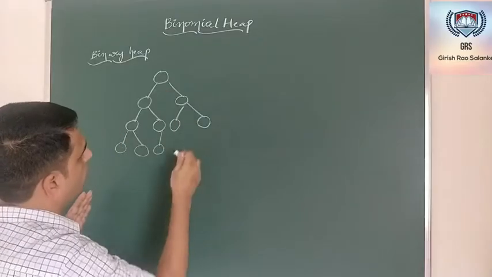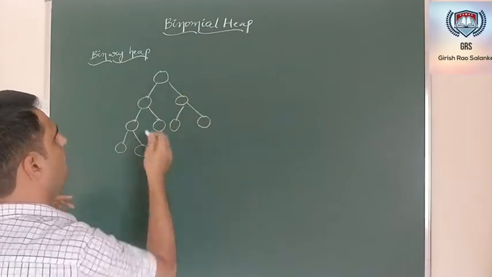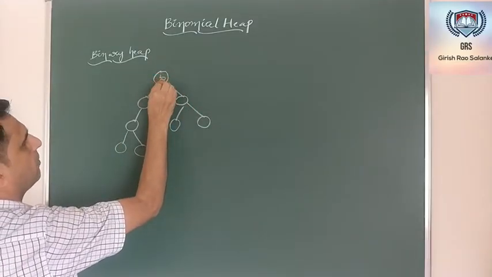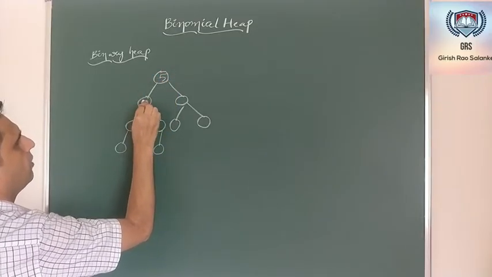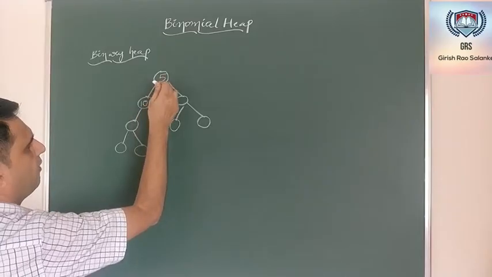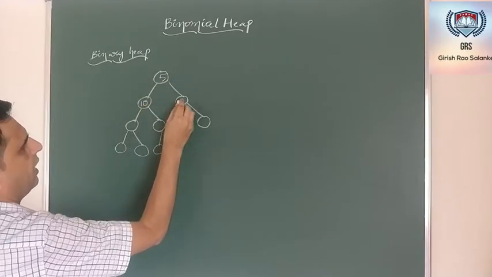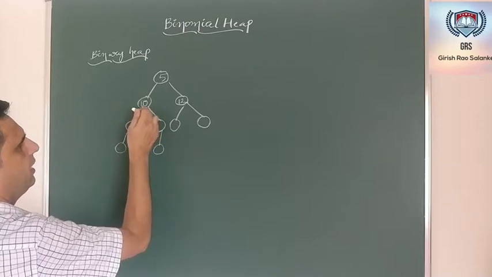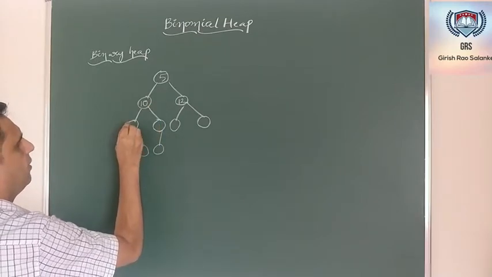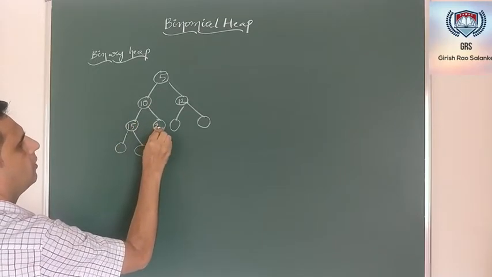So to transform this into a min heap, I should have some values. Say for example, here I am having 5, so I can have children with a value greater than 5: 10 and 12. Now 10's children should be greater than 10, I can have 15, 20.